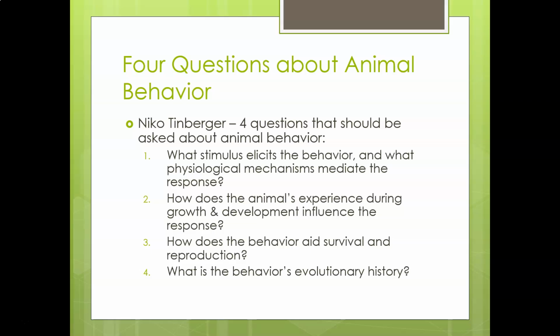So the first question simply is to define what the stimulus is. What is the thing in that organism's external or maybe even internal environment that is eliciting some sort of behavior? And then what are the physiological responses that are mediating that? So, how is that information getting to that organism's brain?